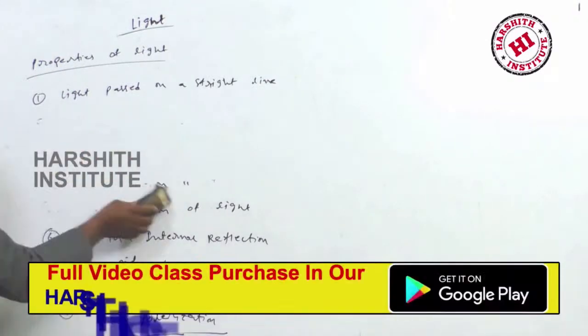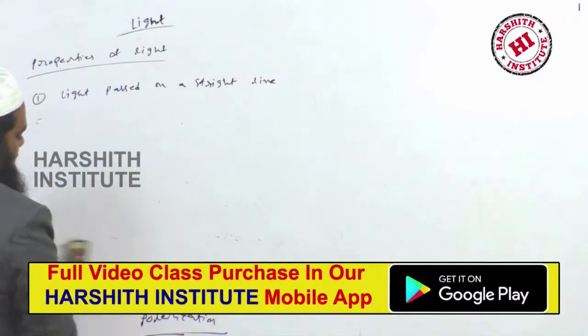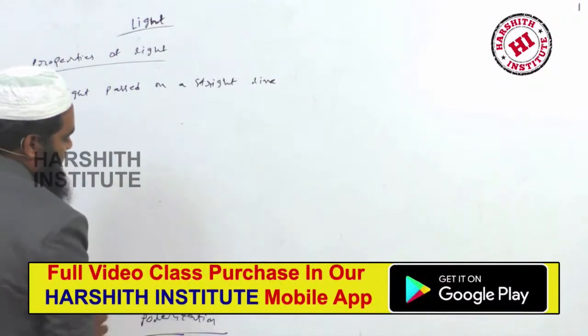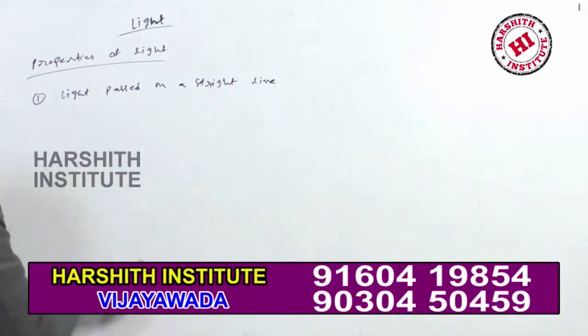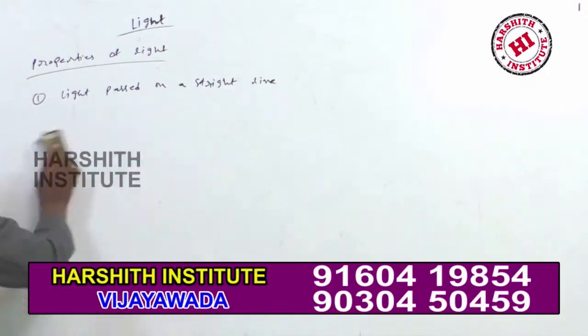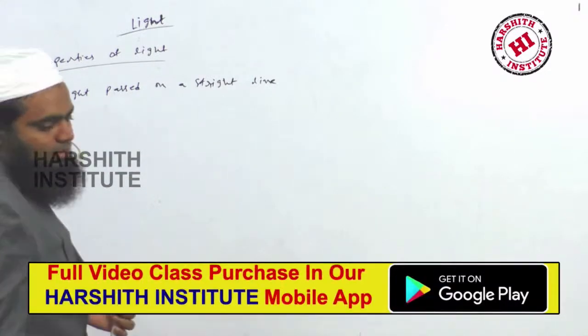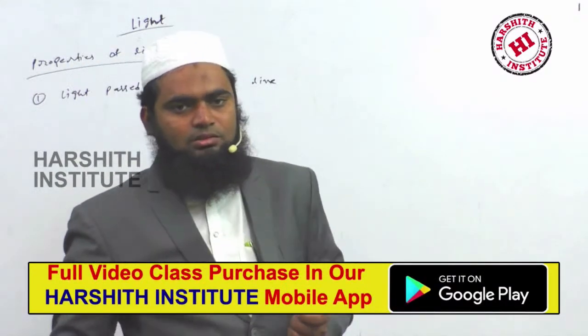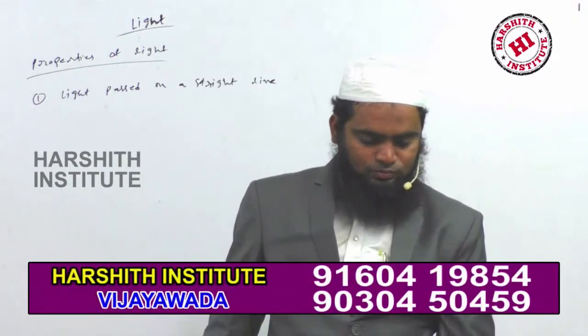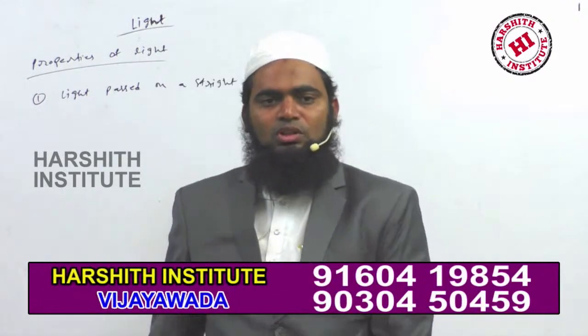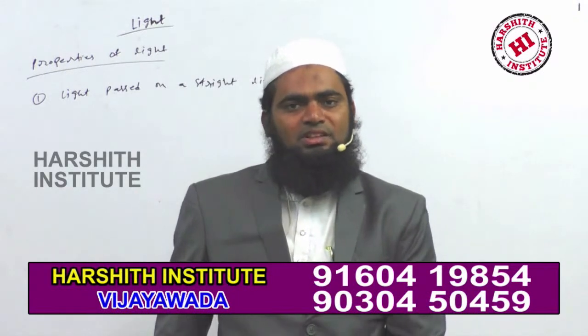The first property is that light passes on a straight line. According to some scientists, they give information about this topic, and many scientists explain that light passes on a straight line, giving different patterns too. Light always passes on a straight line.